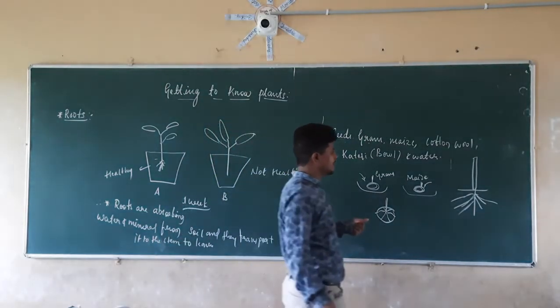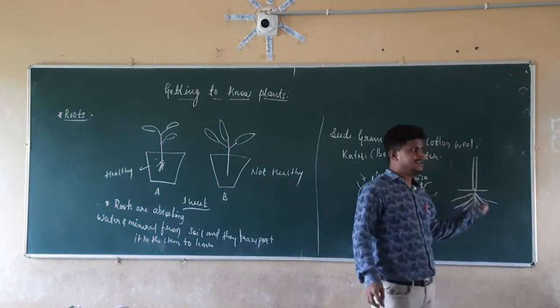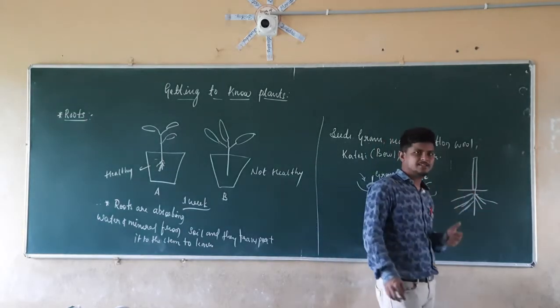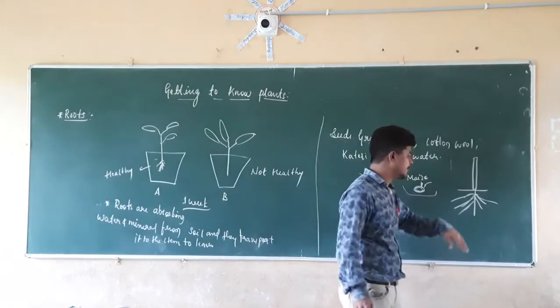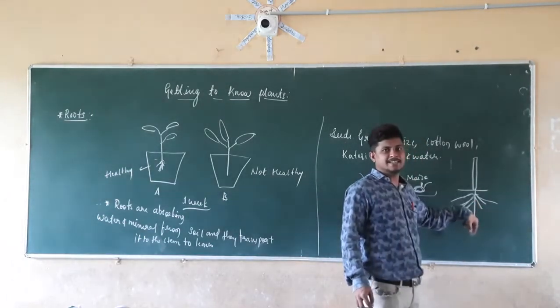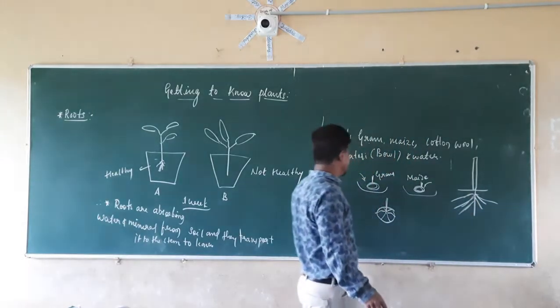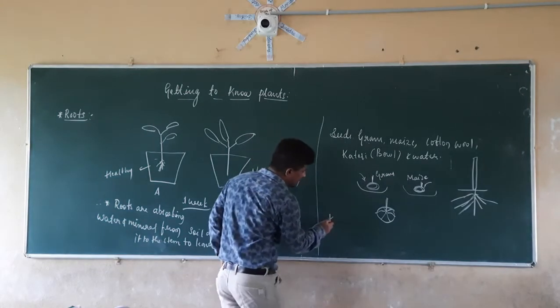So what does it make here? They are making the plant hold firmly on the surface of the ground. It is holding firmly on the surface of the ground because of the roots which are inside the soil. So here, what are the roots doing?